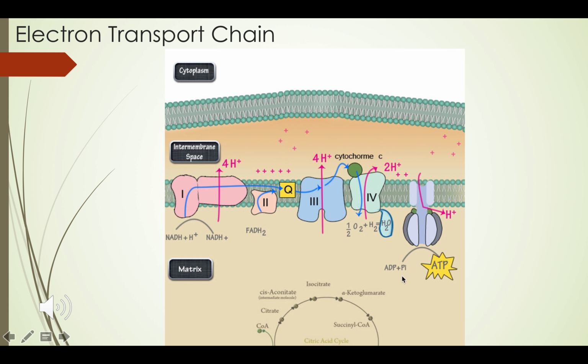This is how a net gain of 32 ATP is reached from this stage of cellular respiration alone. In addition to all the ATP or energy that's produced, it also produces H2O, so water, NAD, and FAD, and those two molecules, NAD and FAD, will be recycled and used again in the Krebs cycle.